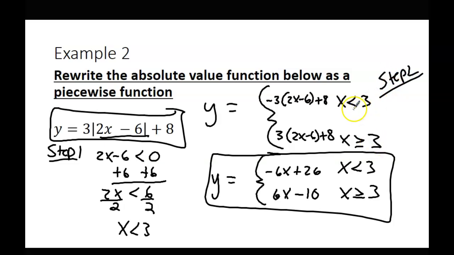And for the one that was less than 3, we rewrite it with a negative in the front. Or you change the sign. Probably a better way of saying it, because if there was already a negative in the front, that would mean it's a positive, right? Change the sign. Then simplify. Step 3. That's just pre-calculus. There's no calculus there, but we do it so we can do calculus.